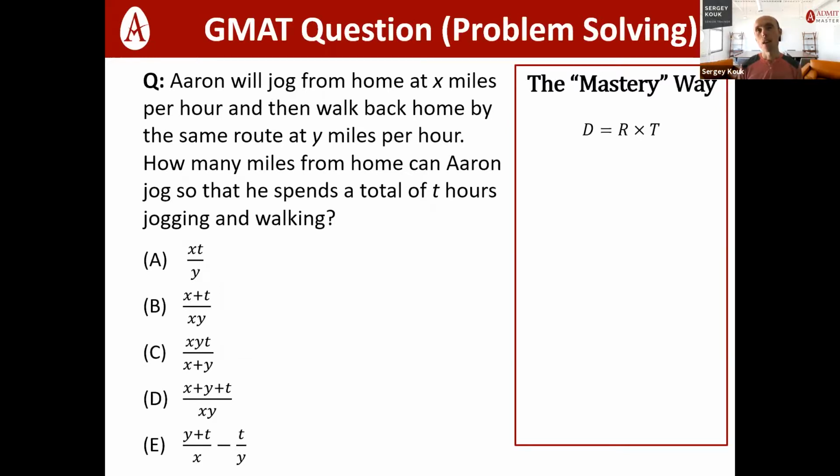Now, honestly, if you don't even remember the exact formula, this is just common sense, right? So if I were to tell you I'm driving, say, from Paris to, say, Amsterdam, and I'm driving at 100 kilometers an hour, and it takes me, say, 5 hours, then you're going to tell me right away that the distance between Paris and Amsterdam is 500 kilometers.